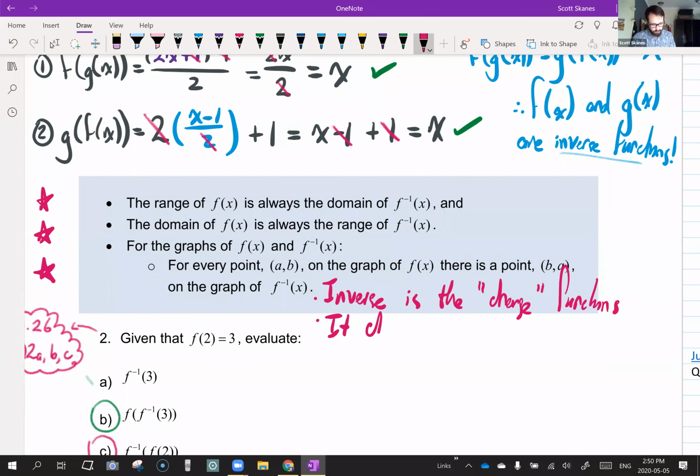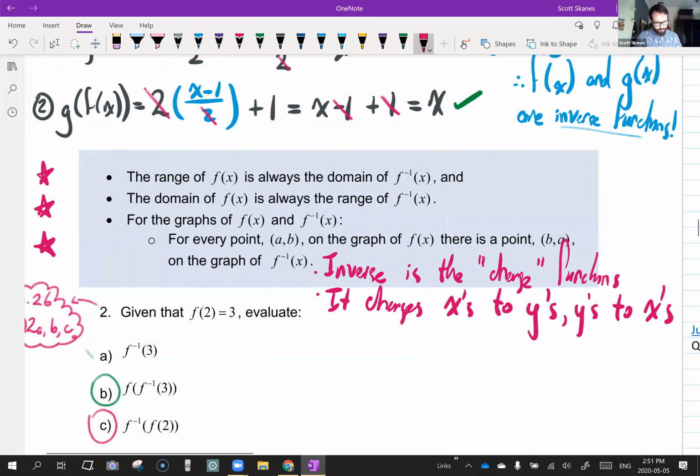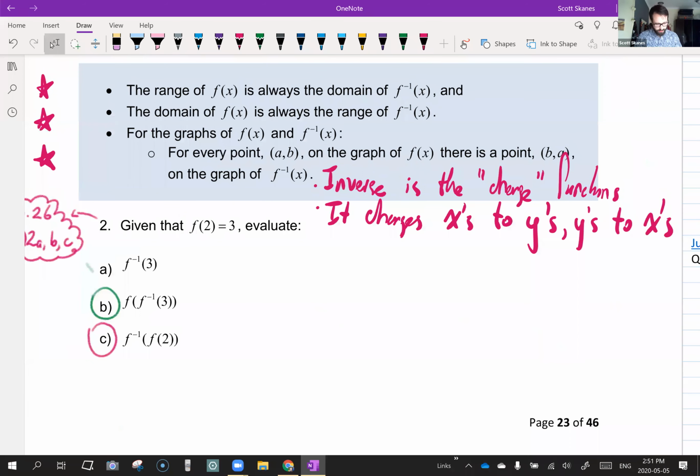It changes x's to y's and y's to x's. If you have y's, it changes them into x's. If you have a range, it turns it into a domain. If you have a domain, it turns it into a range. And that is all inverses do. It literally takes everything and says, let's go backwards. That's what it does. So let me try to explain what that means by doing a quick example here.